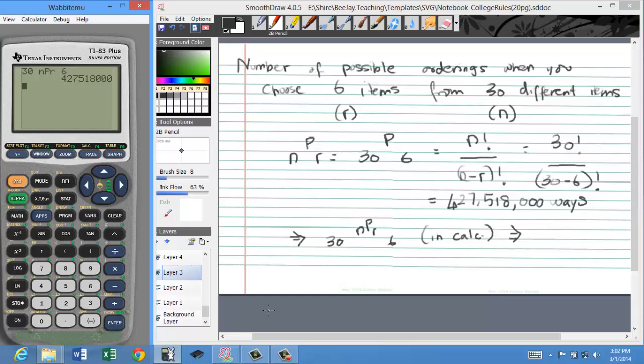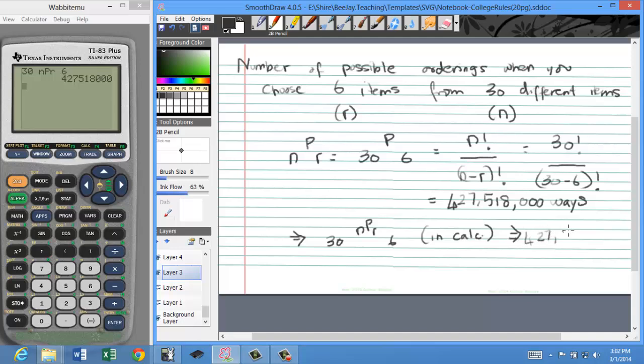So you can use one of these approaches to find the number of possible orderings when you select r items from n items. So more precisely speaking, this gives us the total number of permutations when we select r items from a set of n different items.